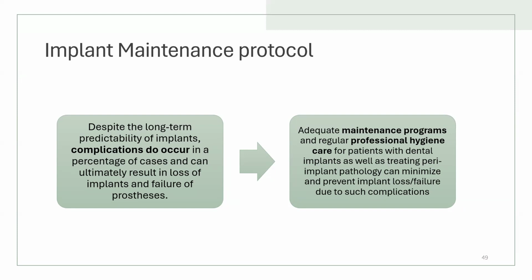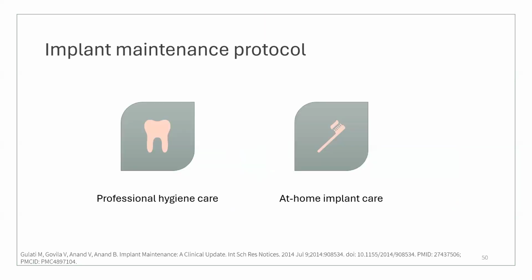And in order to prevent these complications, we have to make a strict maintenance program for the patients and regular professional hygiene care. Patients with active disease like periodontitis must be treated properly in order to prevent the progression of the disease and eventually the loss of the implant.